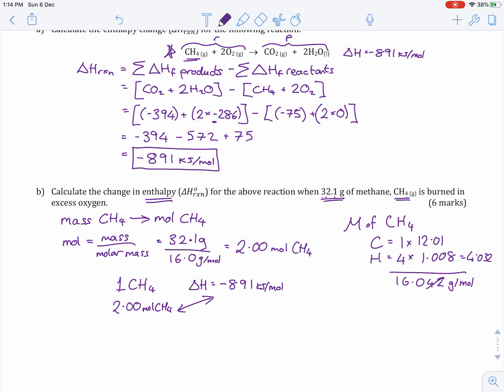So with some cross multiplication, you should be able to see that your enthalpy of reaction when you've got 2 moles of CH4 is going to be minus 1,782 kilojoules. Now it's not per mole because you've got more than 1 mole. So this is going to be your answer. Hope that helps.